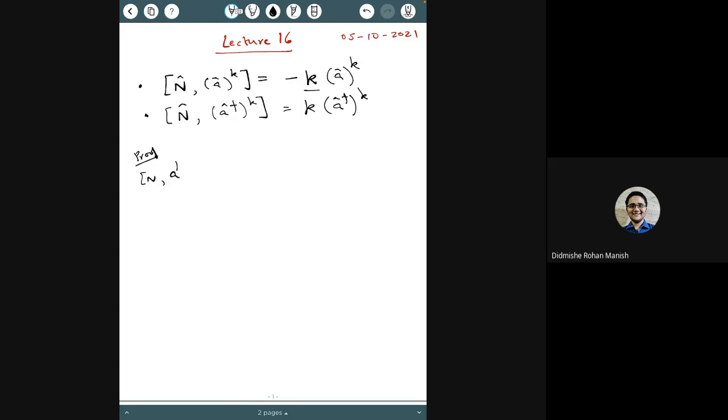I'm not writing the hats. It's a bit tedious to write it all the time. Okay. So then again, we use the commutator over here to shift A to the left.